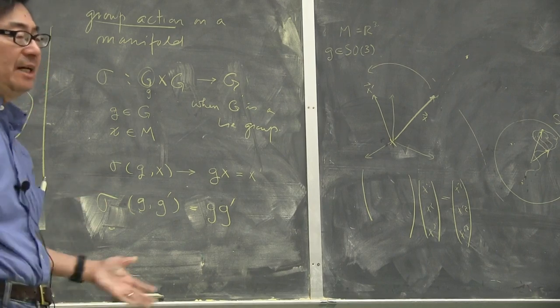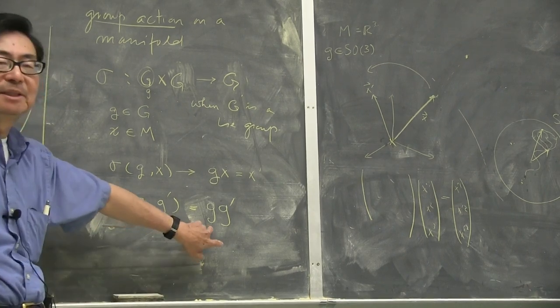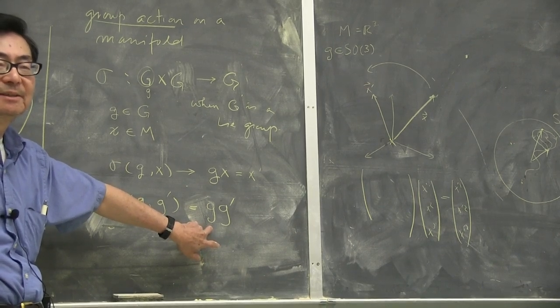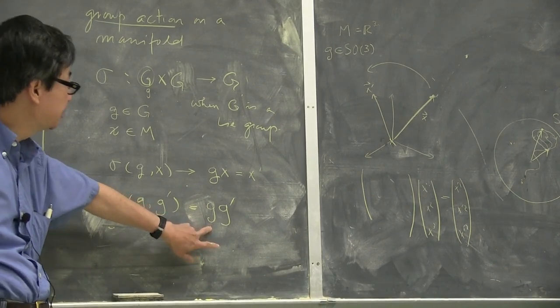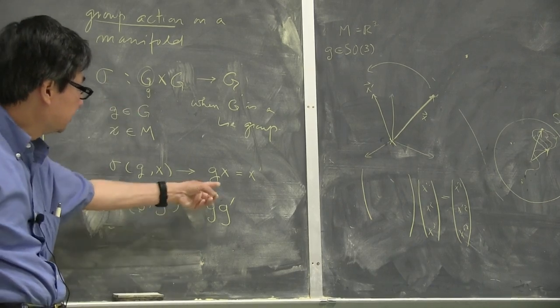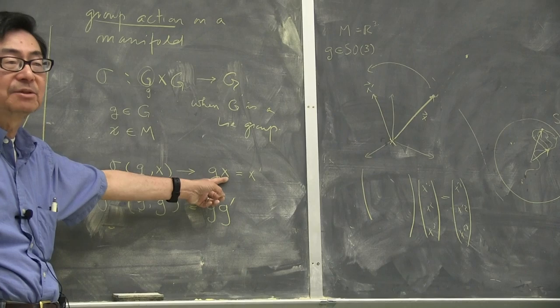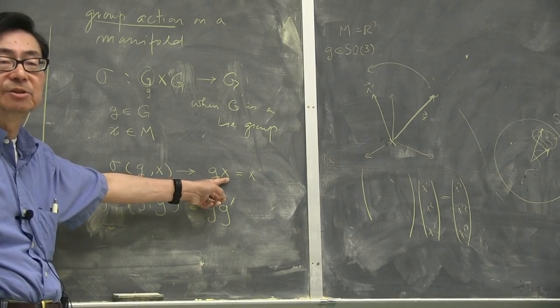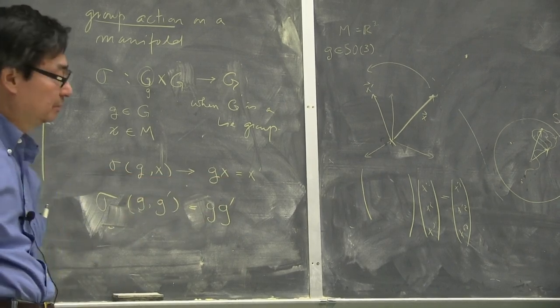So this is called left action because the group multiplication is to the left, okay? The thing that is used to define the particular map stands to the left of the thing that you're acting on, although in this case we are explicitly using this kind of notation, a kind of group action, okay?